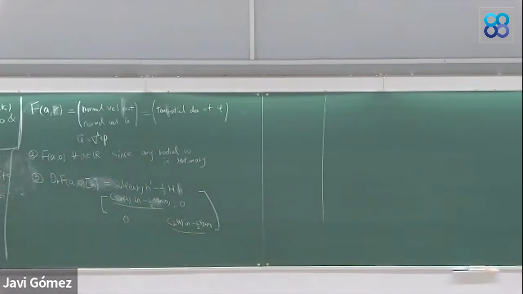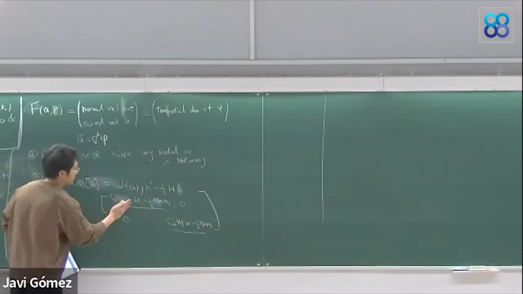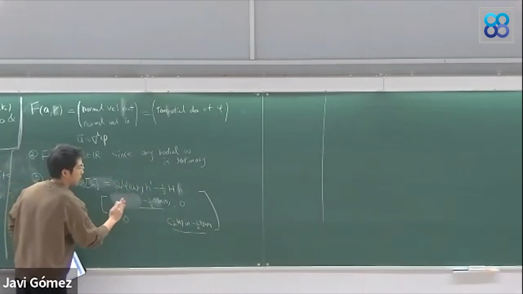So that this has a one-dimensional kernel and image perp. But as a map from this space to this space, that's because we are looking for the finite energy solution, in which case this guy vanishes.